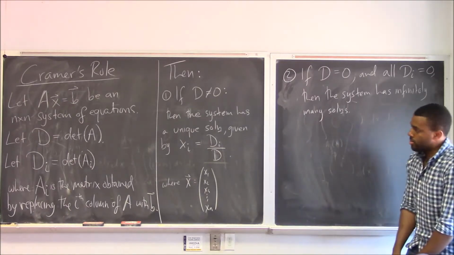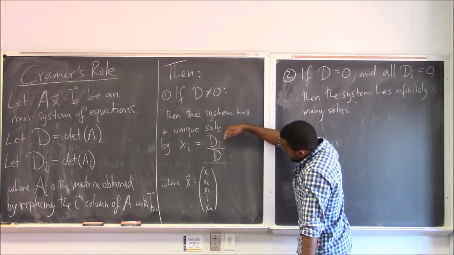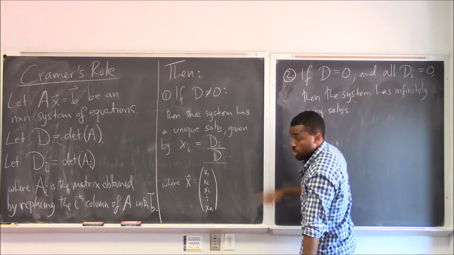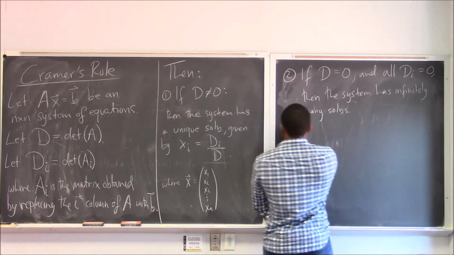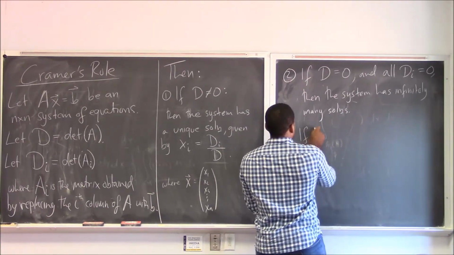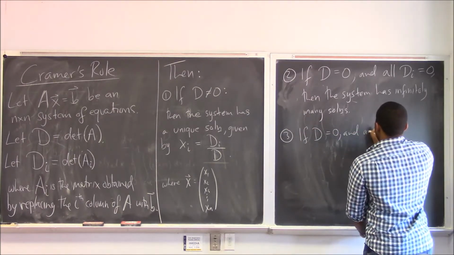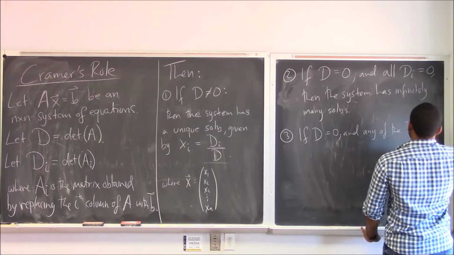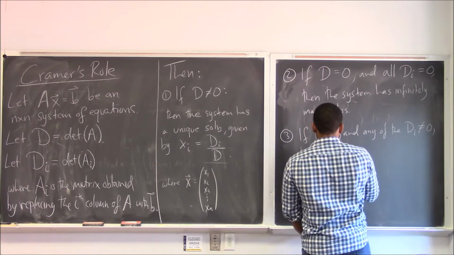So if you can verify that D is equal to 0, which you can just compute, and also that every single one of the Di is equal to 0, you would have infinitely many solutions. You won't have a unique solution. The third case is that if D equals 0 and any of the Di is not 0, then the system is inconsistent.